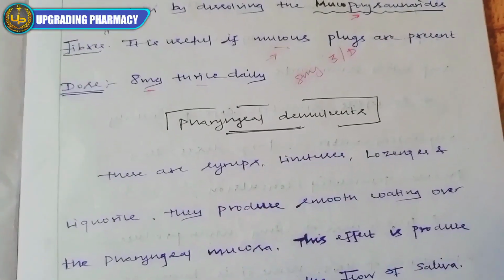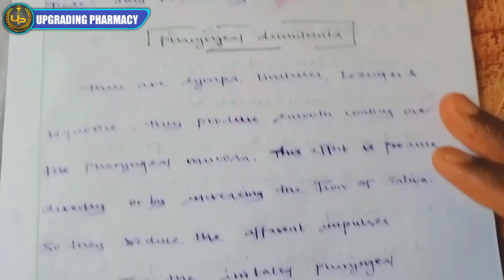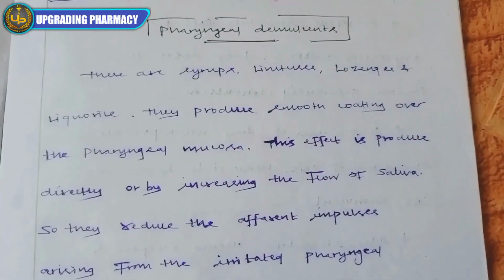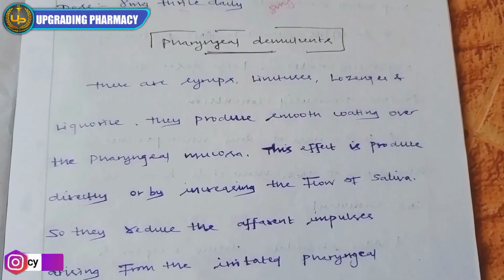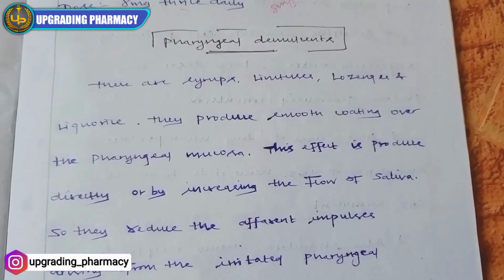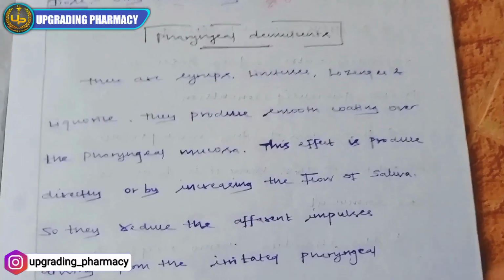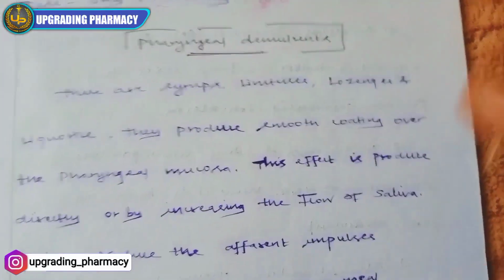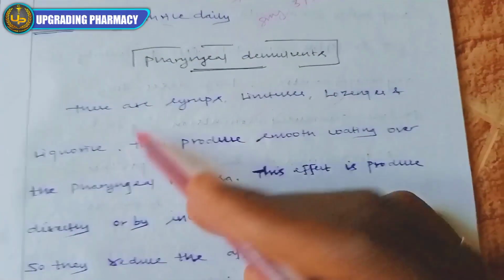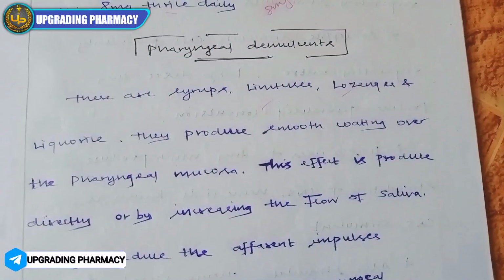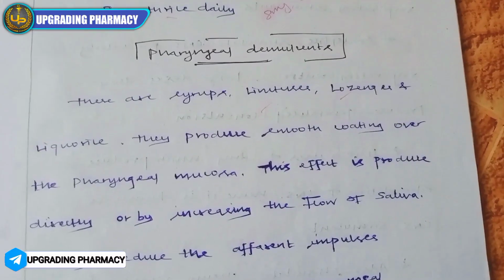Next, pharyngeal demulcents. Pharyngeal demulcents coat the respiratory tract with a slimy coat and suppress the action of irritant materials. These are syrups, linctuses, lozenges and liquorice. As a liquid or viscous preparation, they coat the respiratory tract.